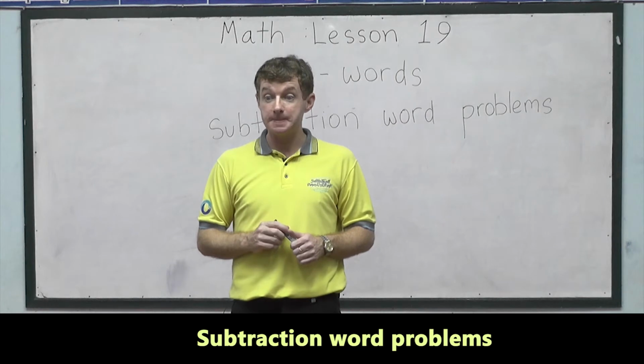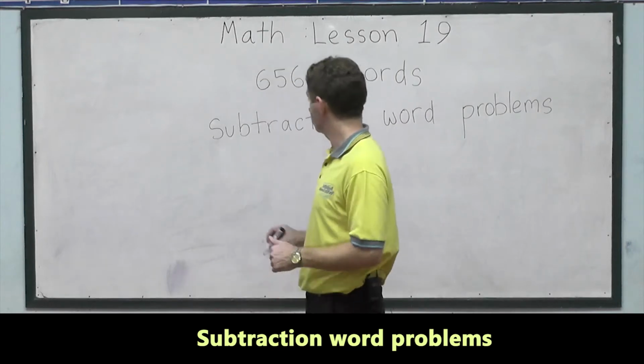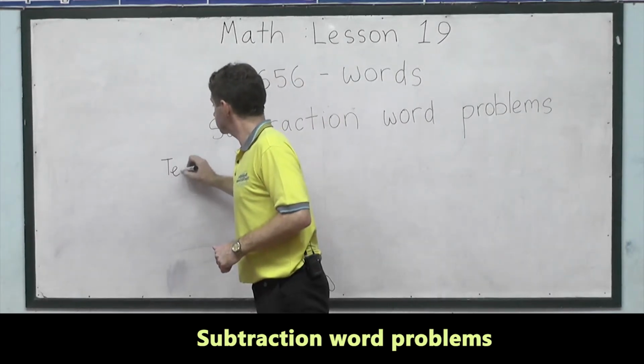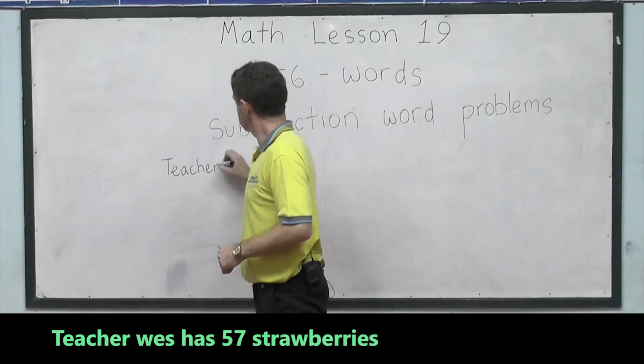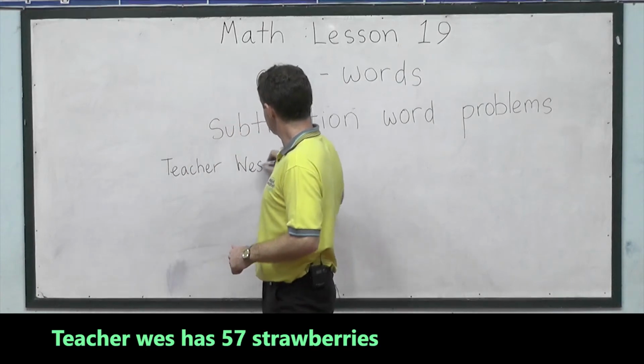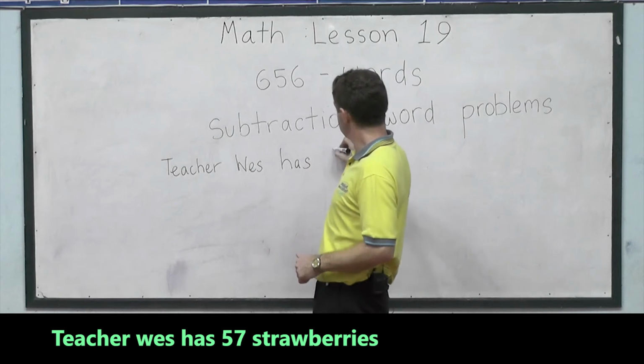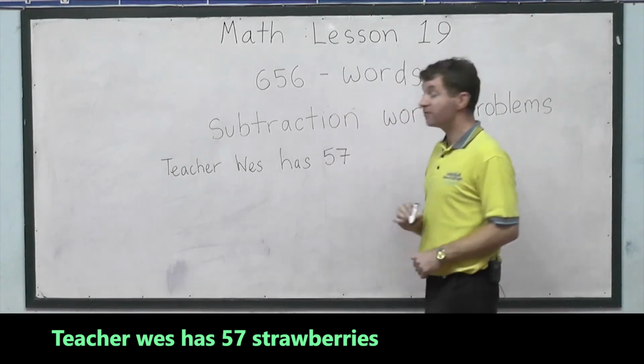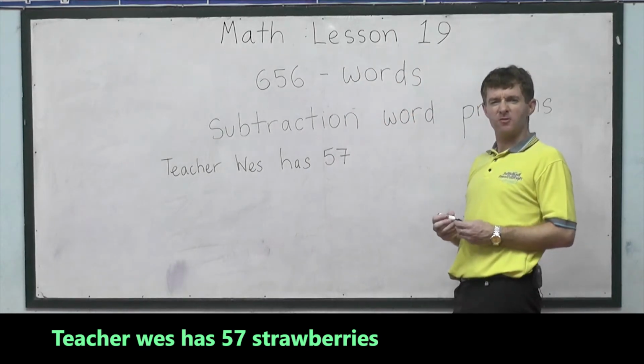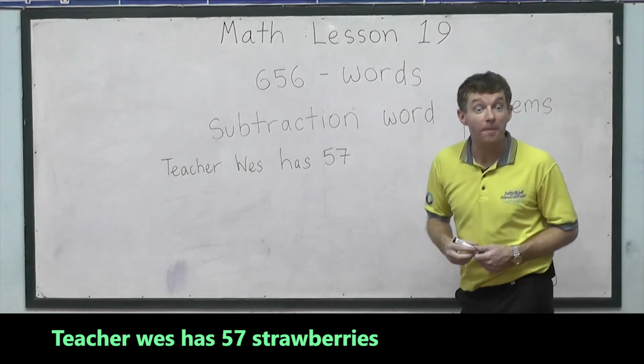Okay, so first of all, Teacher Wes will do a word problem on the board. Are you ready? Okay, so Teacher Wes has 57. What does Teacher Wes have? Strawberries.